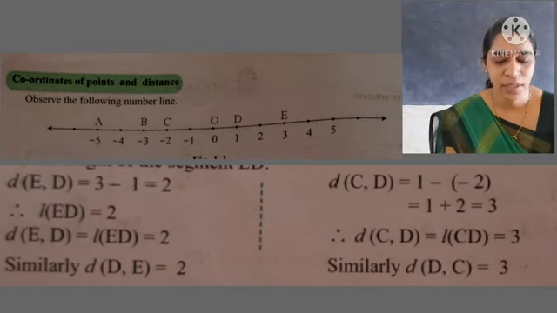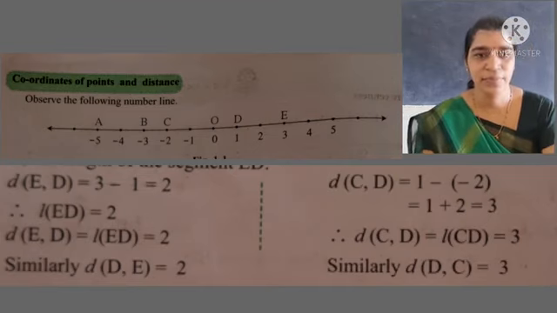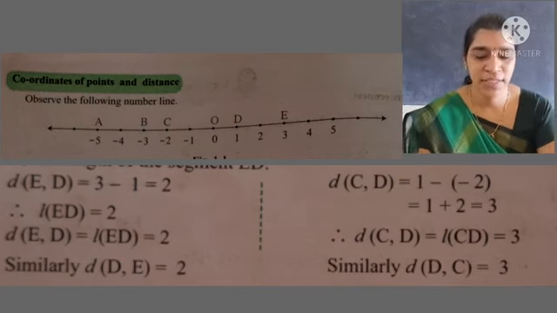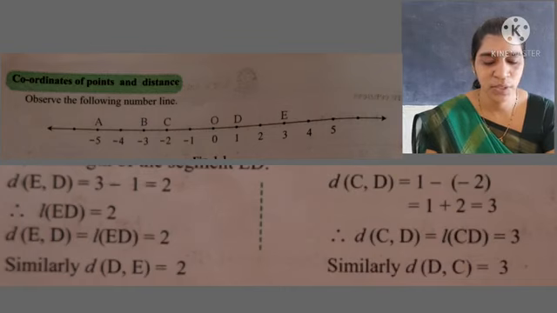So here you find distance by subtraction of smaller number from greater number. You write distance as d(E, D) is equal to 3 minus 1 is equal to 2. That is, distance ED is 2.